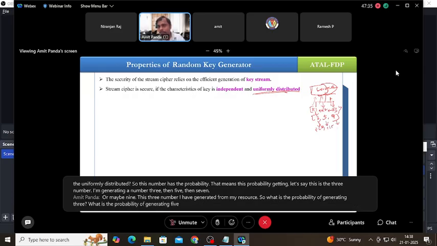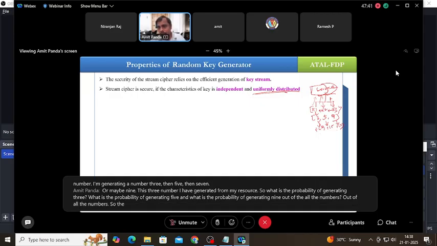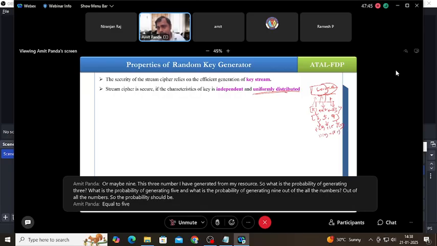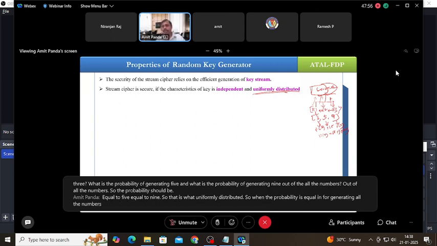And what is the probability of generating 9 out of all the numbers? The probabilities should be equal. That is what uniformly distributed means: when the probability is equal for generating all the numbers, it is called uniformly distributed. I can give you one example also.